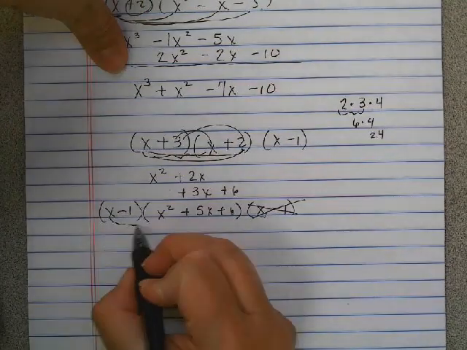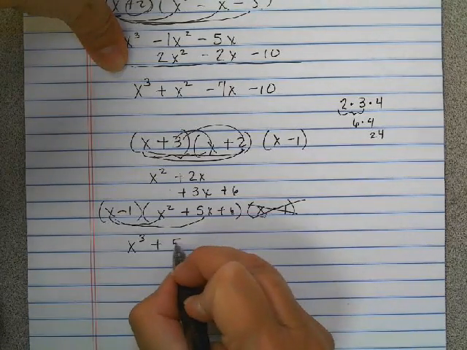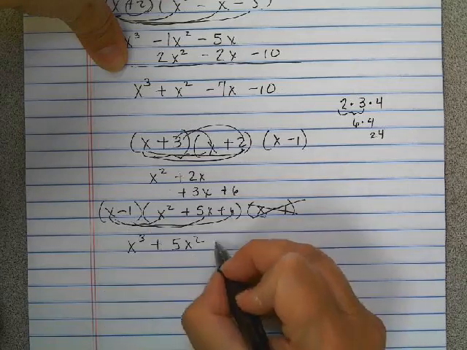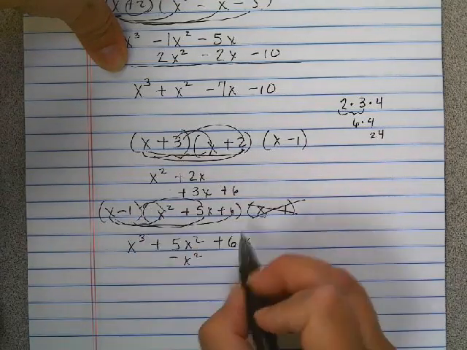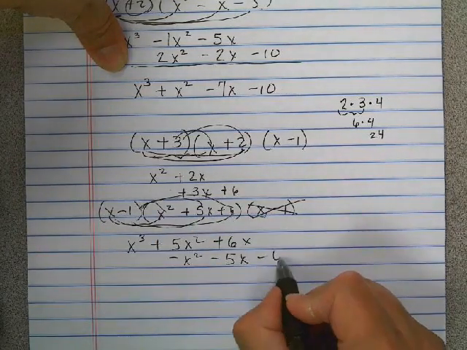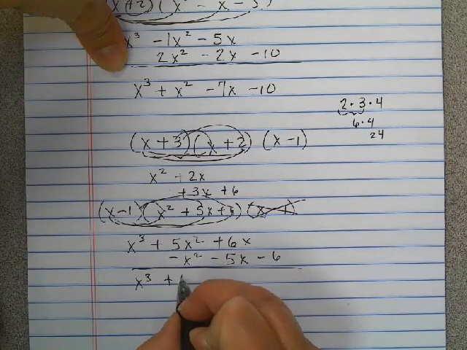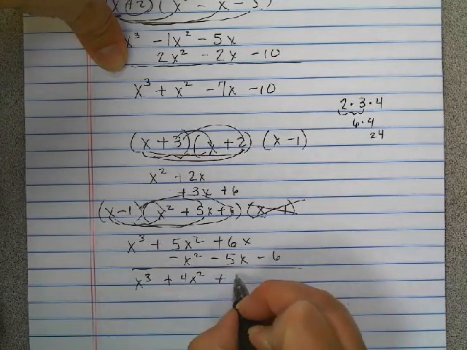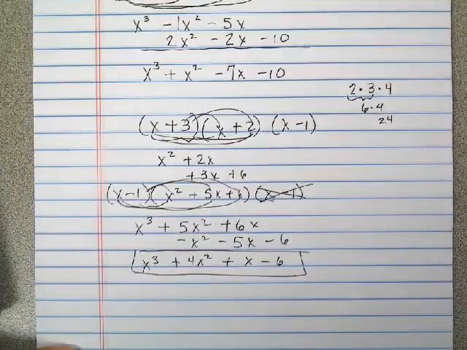So now I'm ready to multiply. This would be x to the third plus 5x squared plus 6x minus x squared minus 5x minus 6. So I get x cubed plus 4x squared plus x minus 6. And that would be my polynomial.